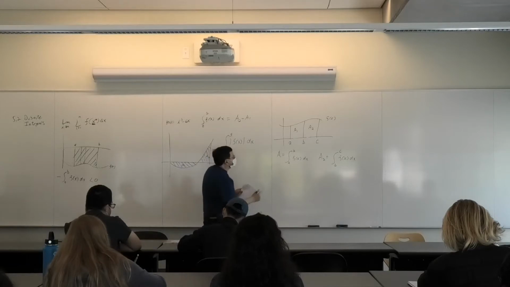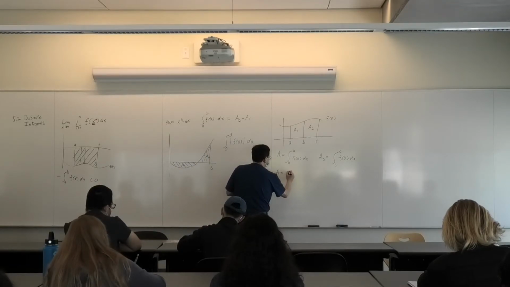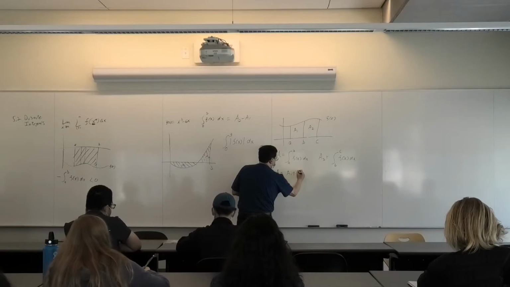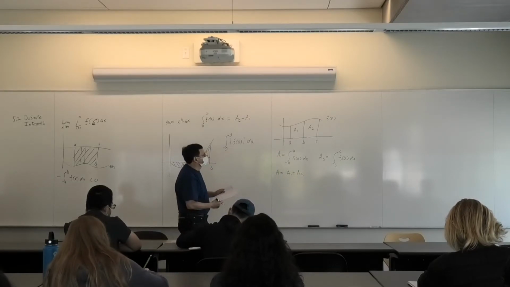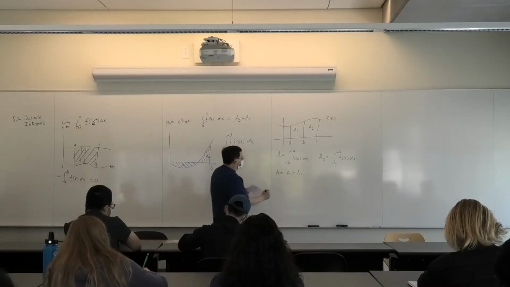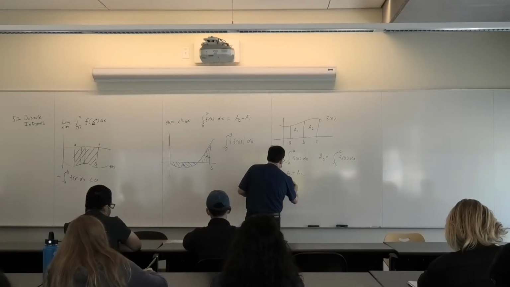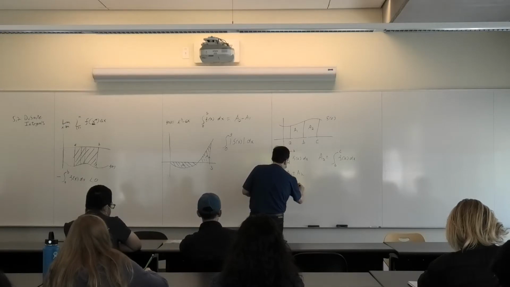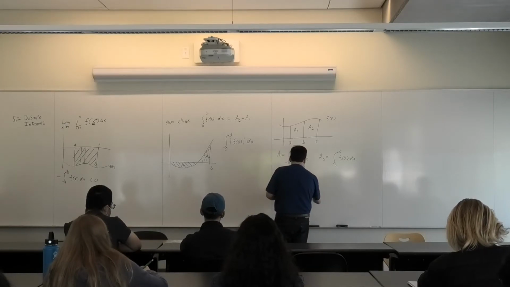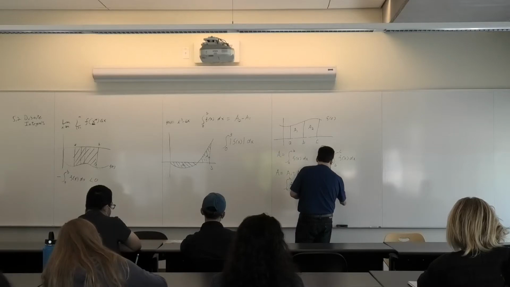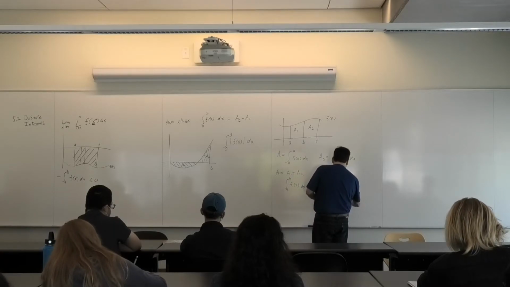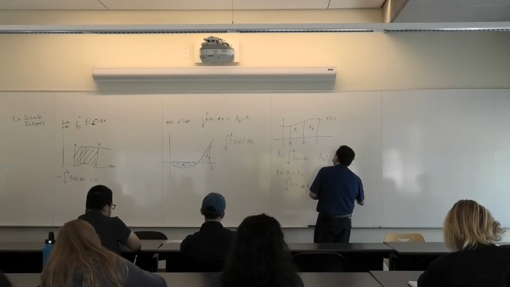Well, clearly the entire area is just the sum of these areas. Well, that tells us that if we add these two areas, we're just going to get the area from A to C of the function.